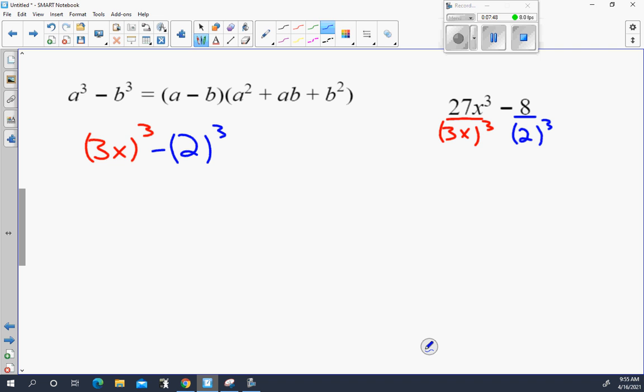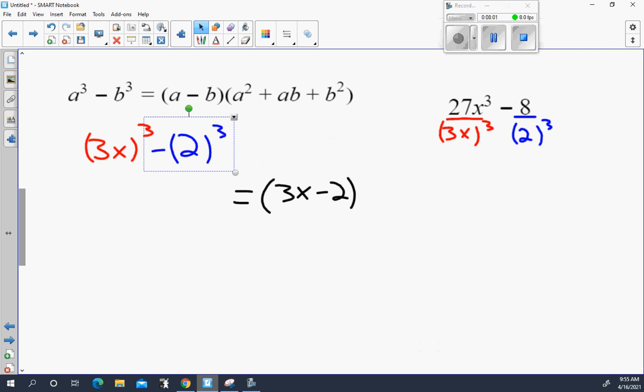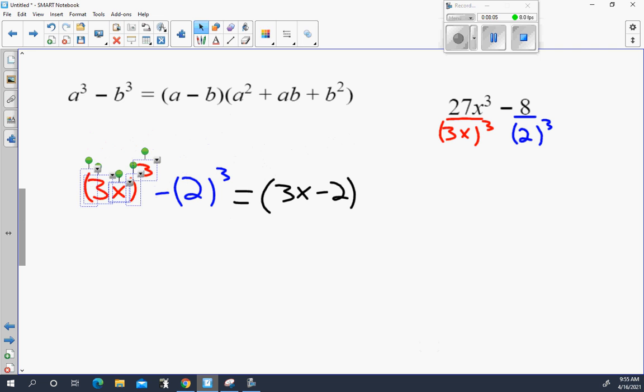cubed. Now we have an A and a B, and we're just going to plug that into our formula. 3x minus 2. Let me bring this down a little bit. Times, what was A?